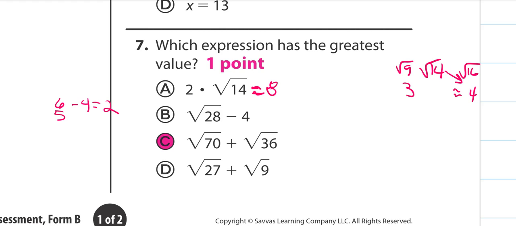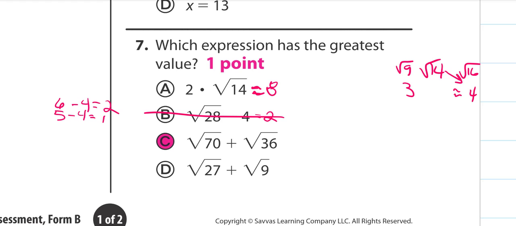If I did 5 minus 4, I would get 1. So this one is going to simplify down to either a 1 or 2. Even if I used the larger number, it still won't be larger than A. So I know this is not going to be an answer. If I got 8 for A, that's greater than either 1 or 2, so I can eliminate B. We know C is going to be the answer, so I'll get to that one in a second.